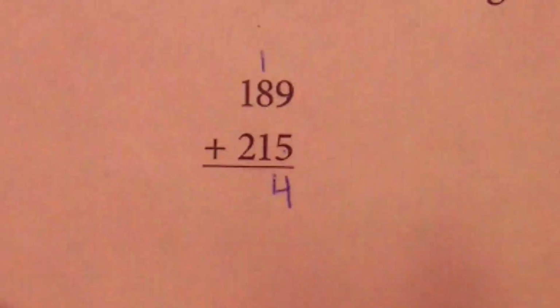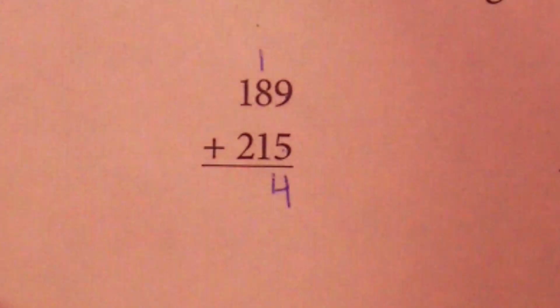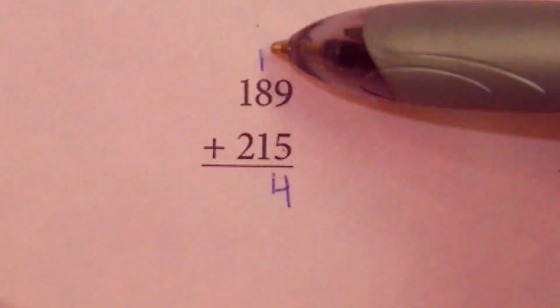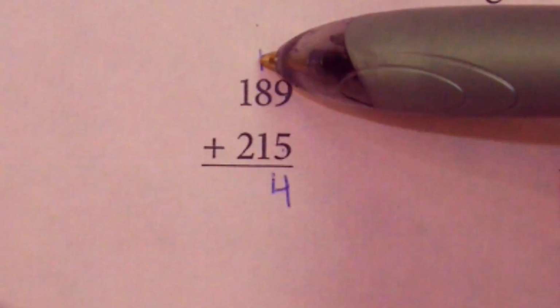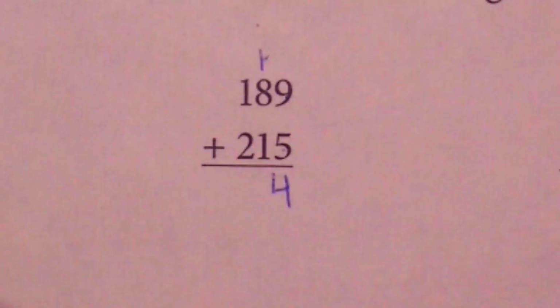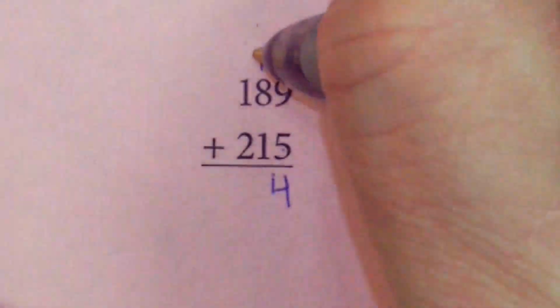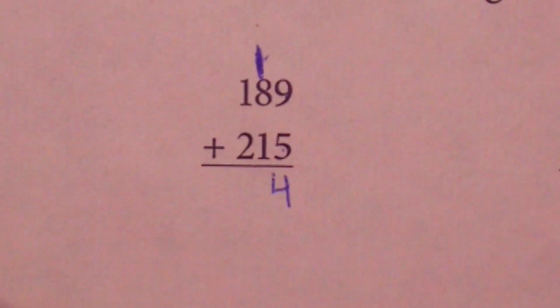Well, I usually say 14, carry the 1, so I write 4 and carry the 1. Remember, if you're adding 2 digits together, you will never carry anything higher than a 1. Now this changes if you're multiplying or if you're adding more than 2 numbers, but if you're adding 2 numbers, you'll never carry more than a 1. If you do, something has gone wrong, okay?